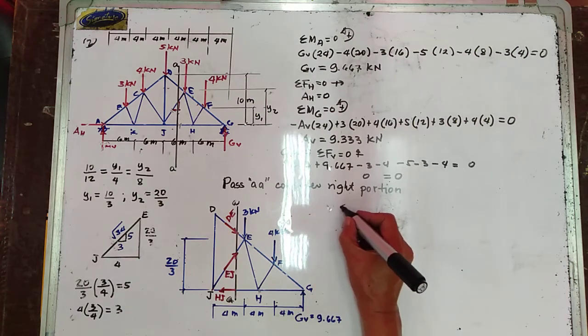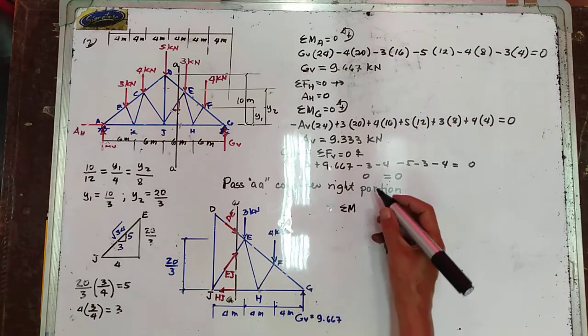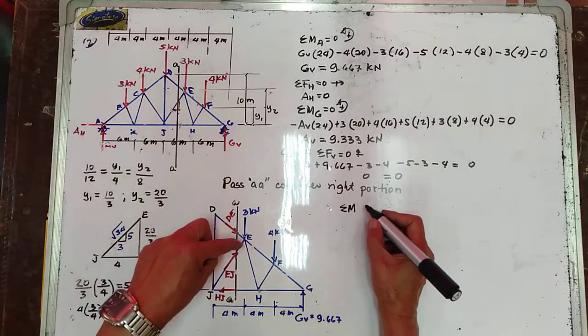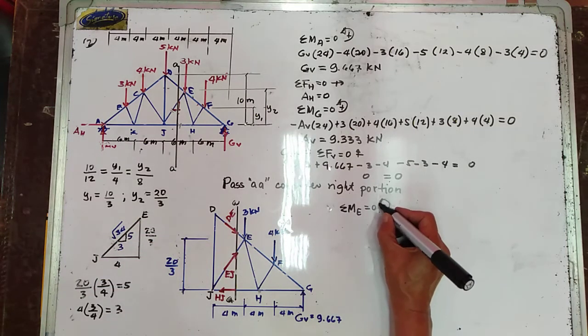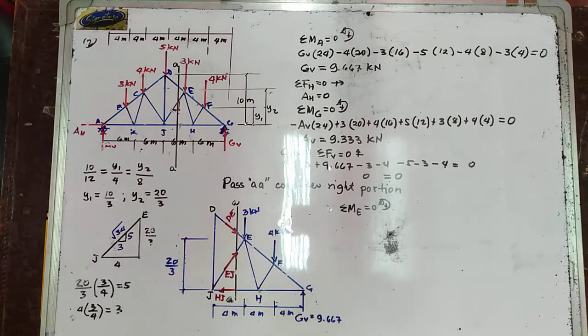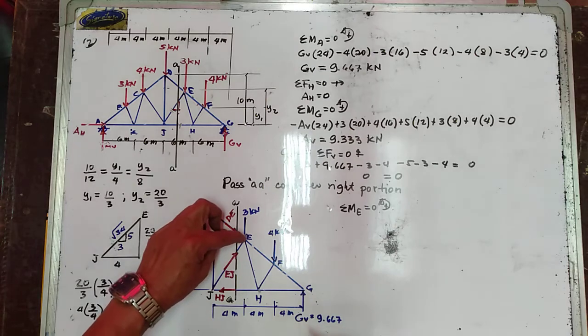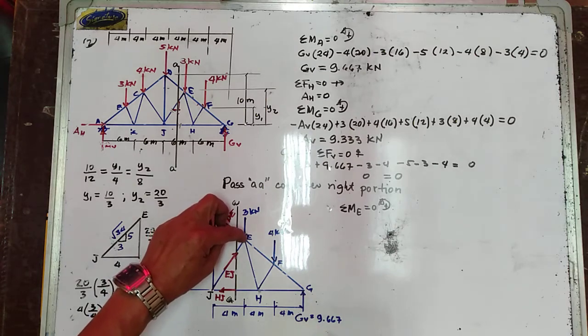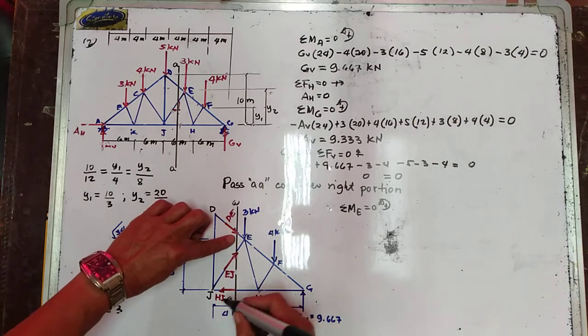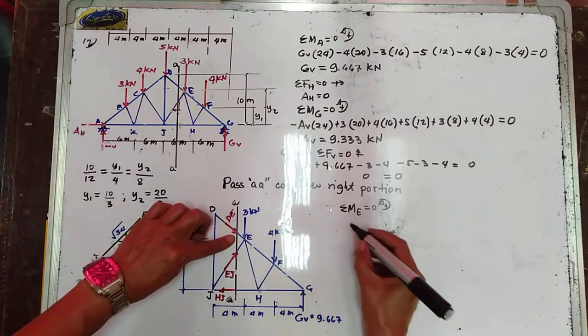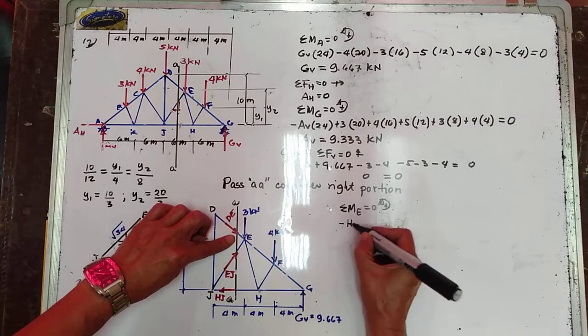Now, summation of moment about point E is equal to 0, counterclockwise moment positive. DE and EJ have no moment about point E because they pass through your moment center. So it will be your HJ, which is going clockwise.